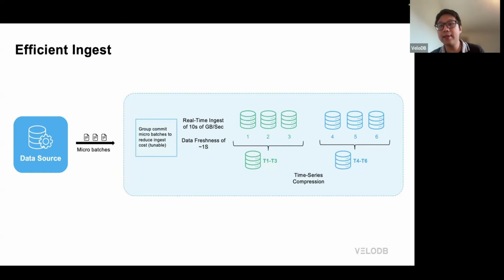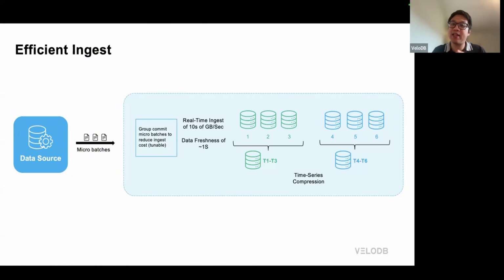Because one of the things that also causes a lot of ingestion cost is the cycle of going back and forth on the network. If you have a lot of these micro batches coming in, every cycle consumes compute. But if you can group some of these commits by time, you can minimize the cycle of compute going back and forth between the sources and where it needs to be written, therefore reducing the actual compute usage.